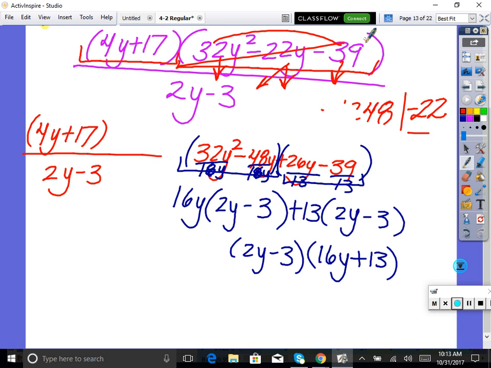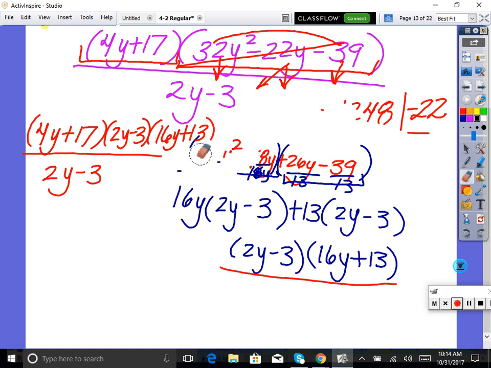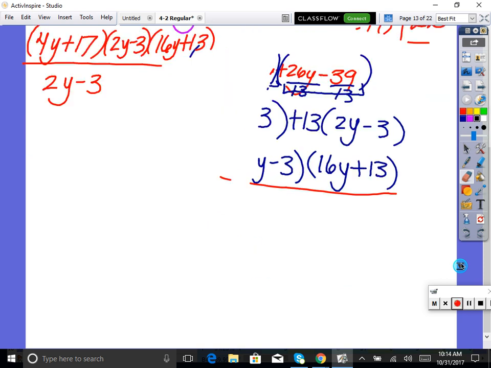So that piece just became that. Over here's where I'm writing my final factor stuff. So we have a 2y minus 3, and we have a 16y plus 13. Now we can restrict and divide out exact factors. y cannot be 3/2, you're right.